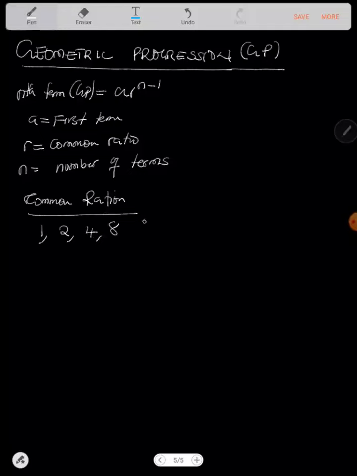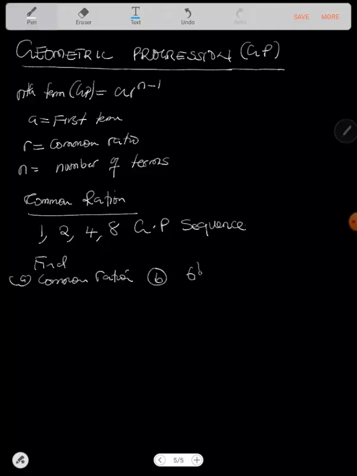If this is a GP sequence, how can you find the common ratio? So I'll say (a) find the common ratio, or (b) find the 10th term.